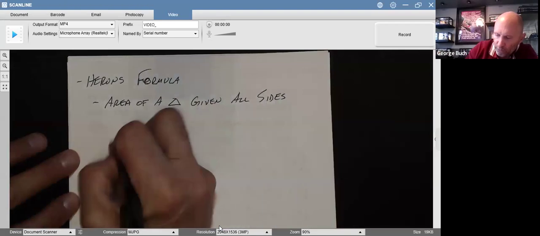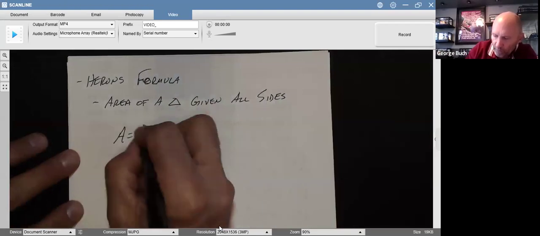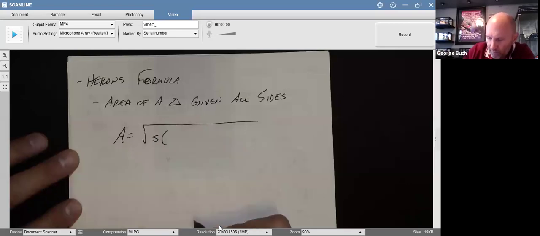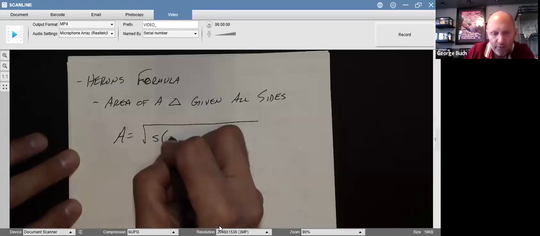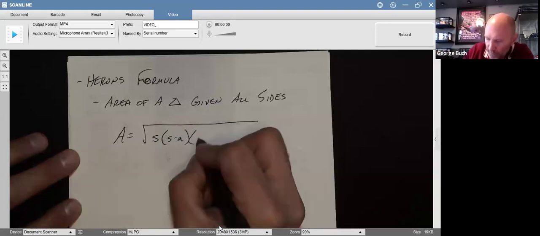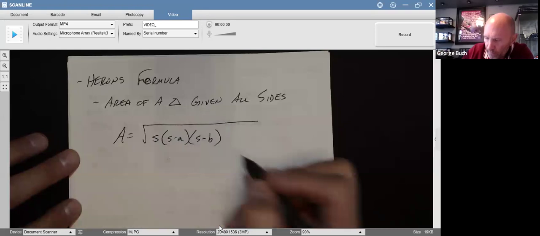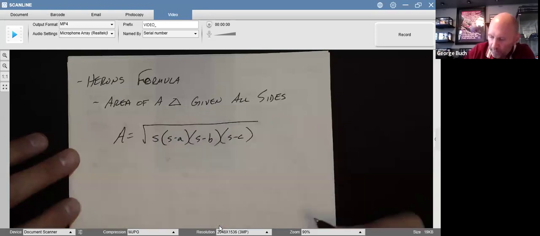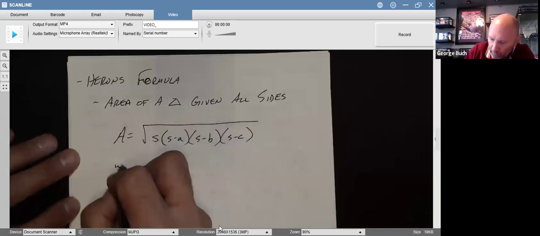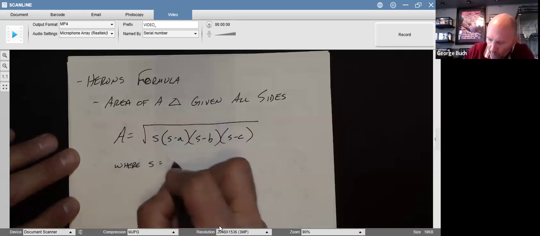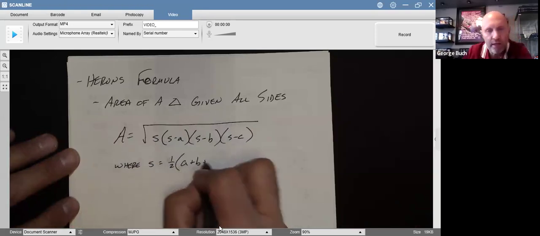Area is equal to the square root of s, and we'll talk about that in a second, times (s minus a), side a, times (s minus b), side b, times (s minus c), side c, where s is equal to 1/2 times (a plus b plus c).